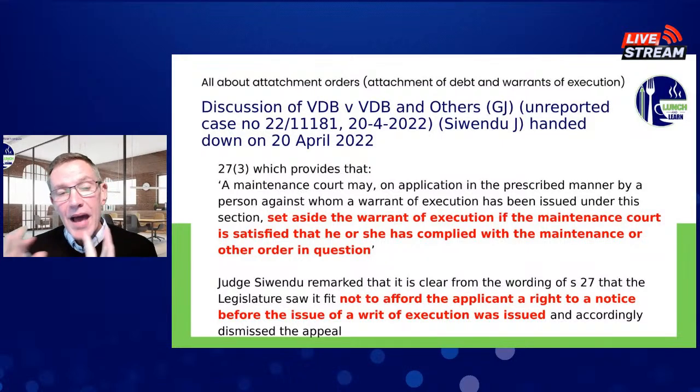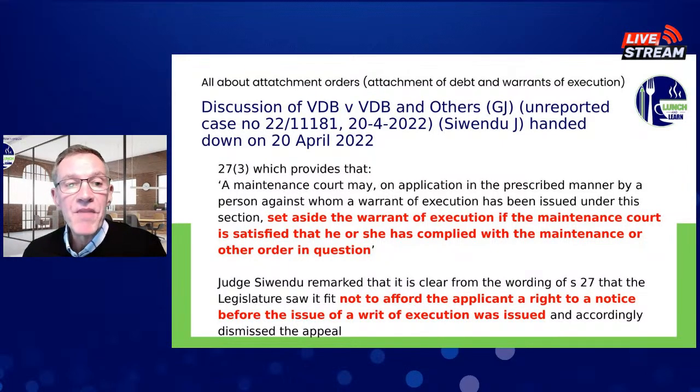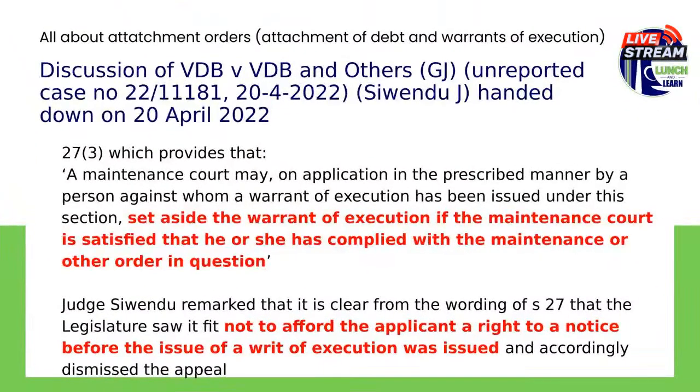So if one unpacks this case a little bit further, the court actually referred to Section 27(3) that says that the maintenance court may, only upon application in the prescribed manner, set aside the warrant of execution if the maintenance court is satisfied that he or she, that's now the respondent, has complied with the maintenance order in question.